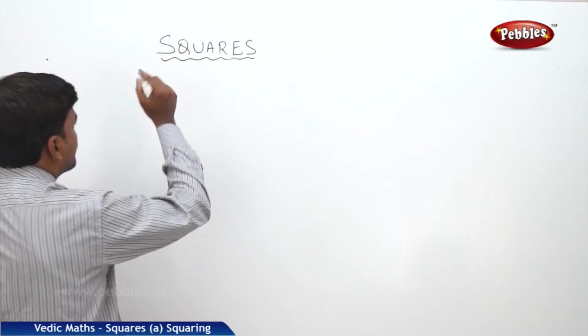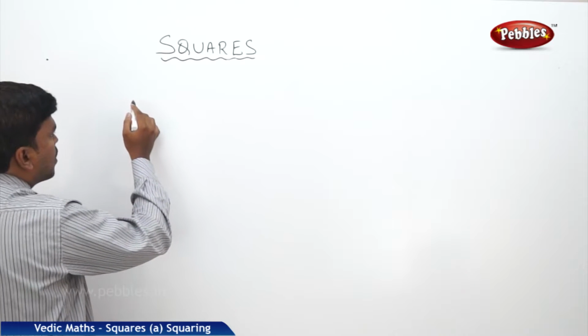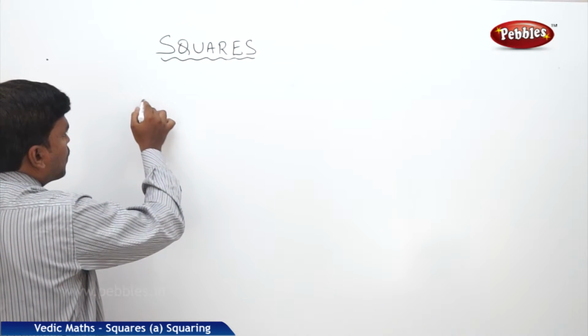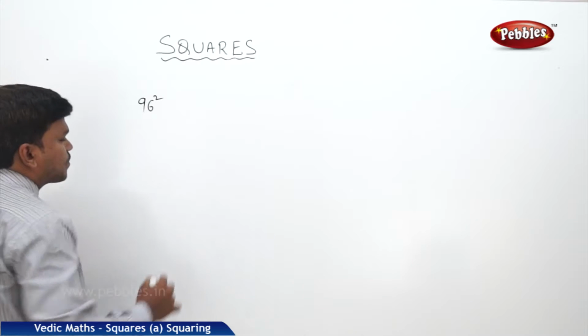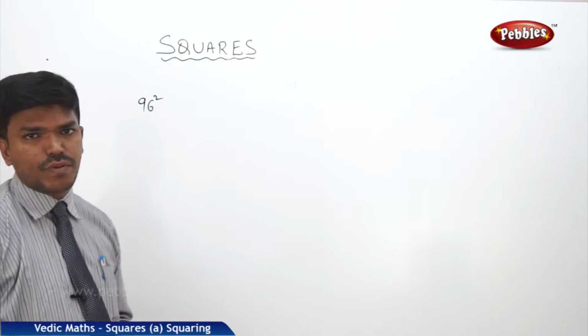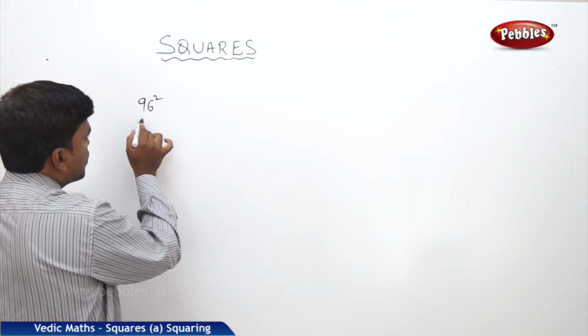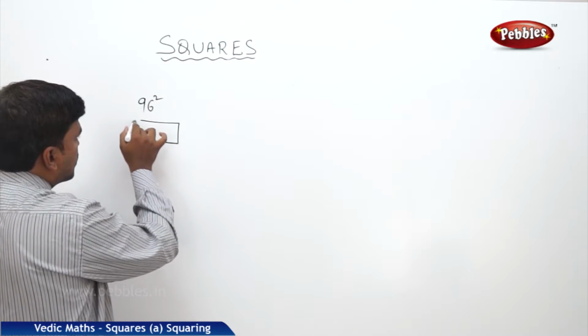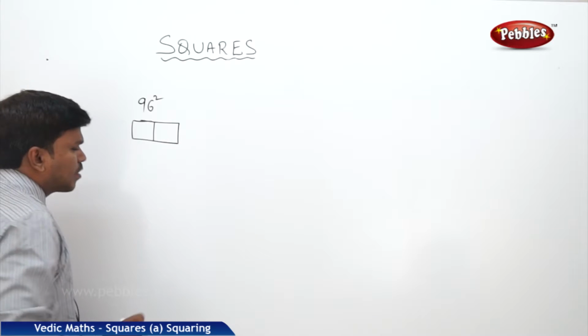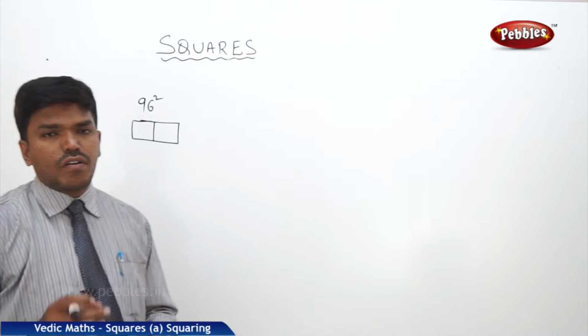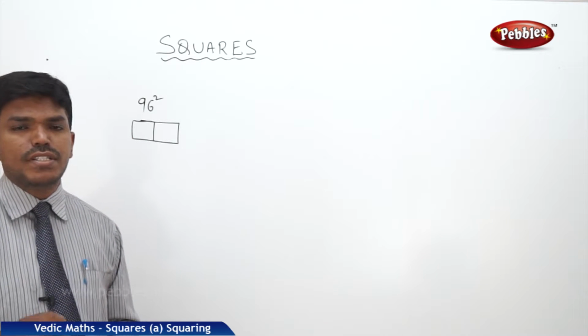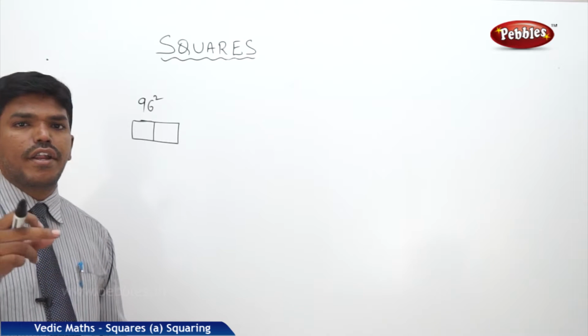See here, suppose I need 96 square. Now just draw two boxes like this, and to find out the 96 square, you just compare with the 100.